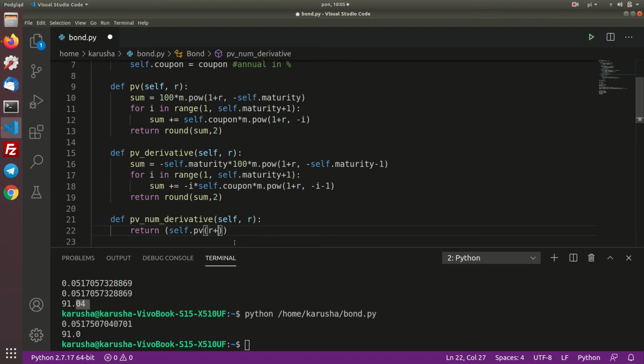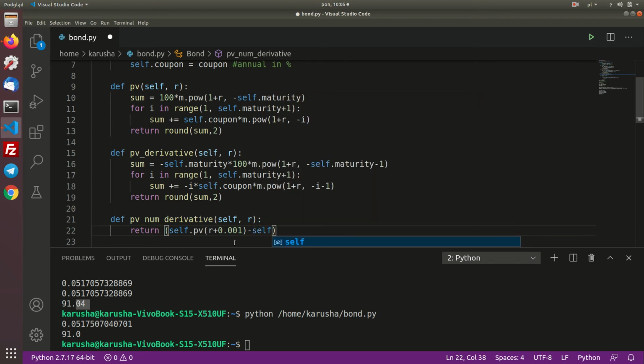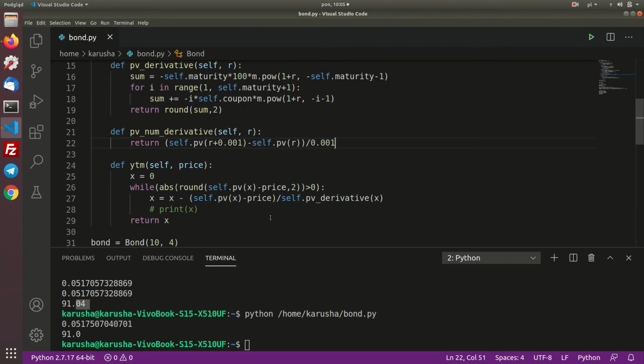And here we make a small increment, like in the definition of a derivative, like 1/10 of a percentage point. We look at the difference between this point and the original point R, and we divide it by the increment, which in our case is simply this small epsilon that we bump the function by.